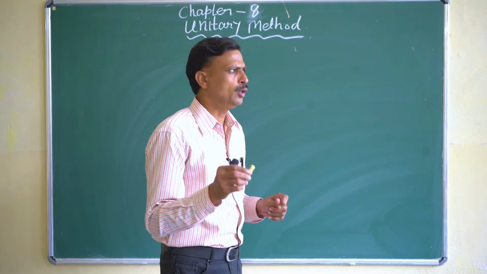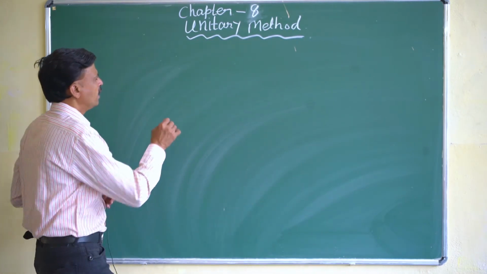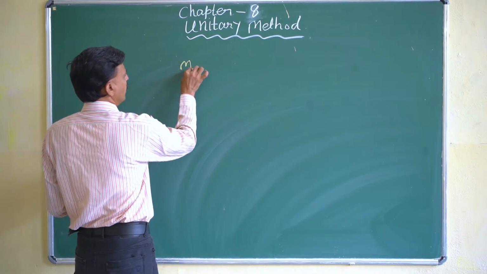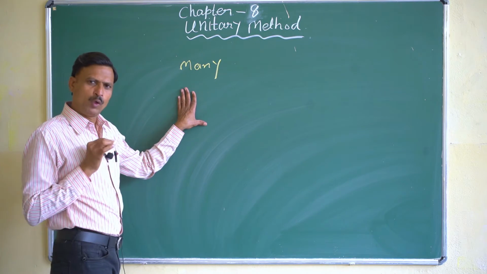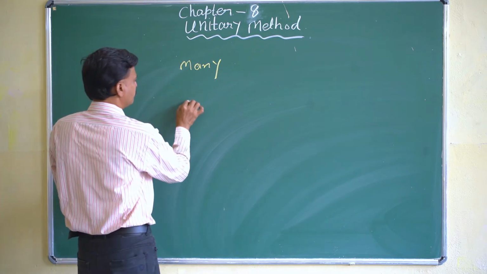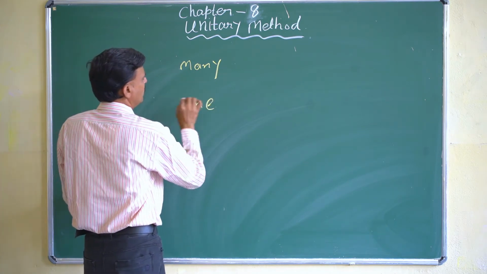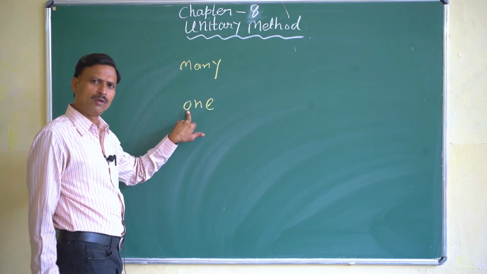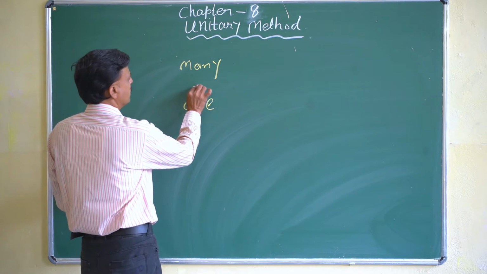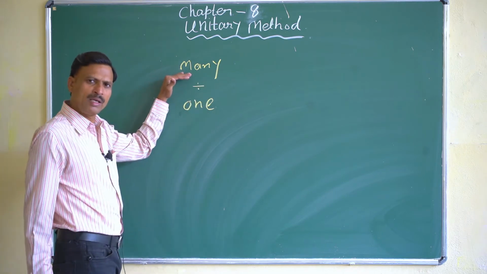One thing you remember: if the values of many articles or things are given and we want to find the value of 1, we will divide.